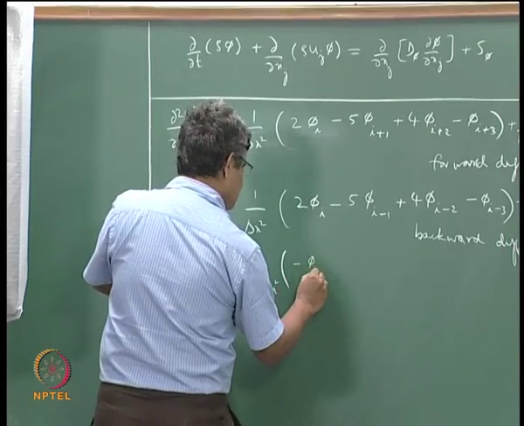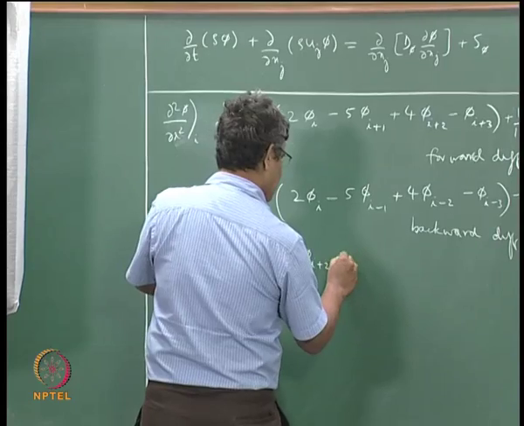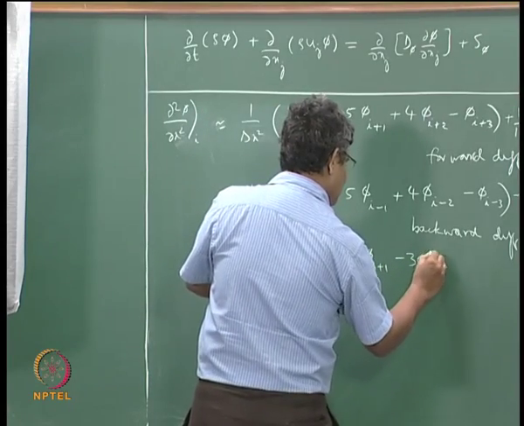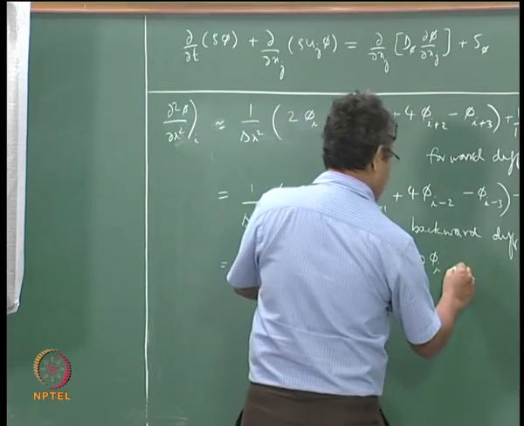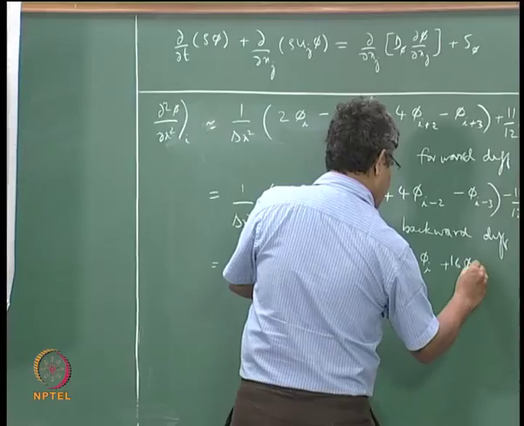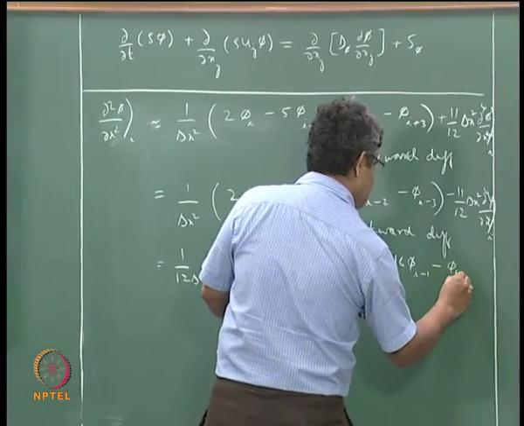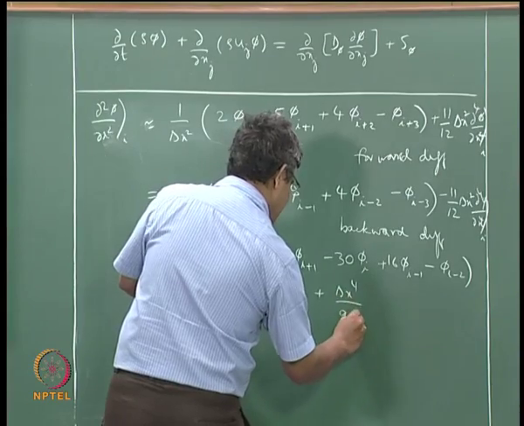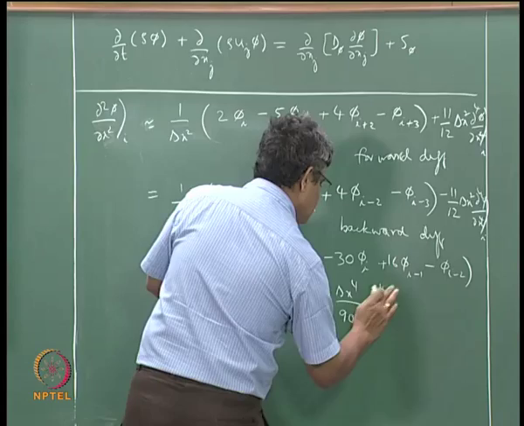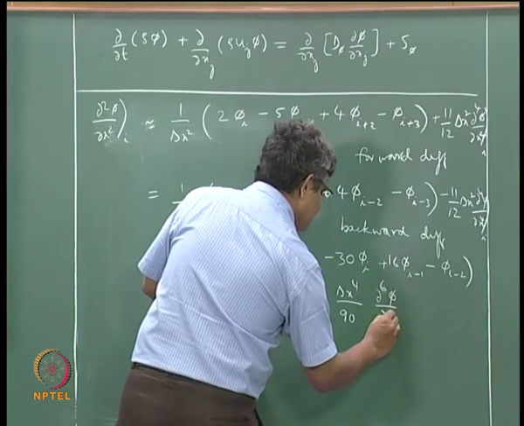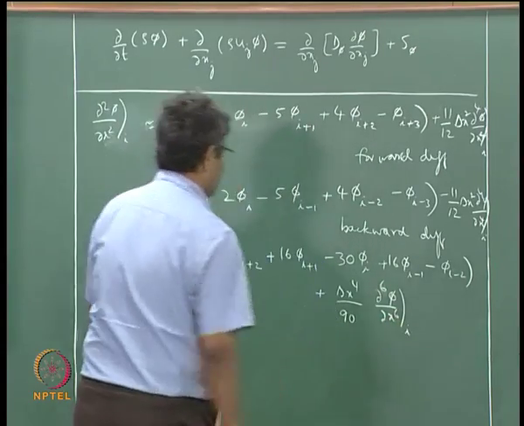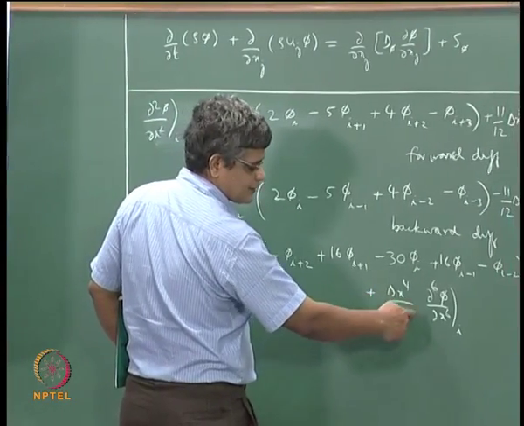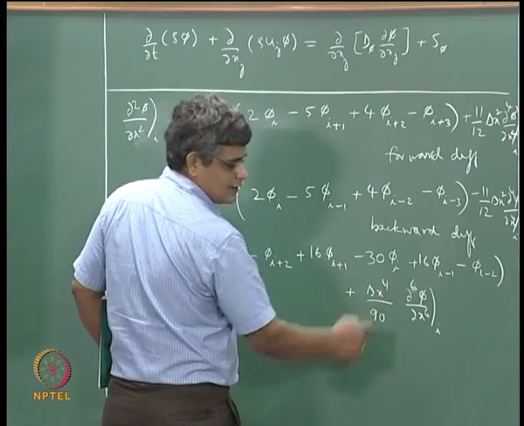We can write it like this: minus phi I plus 2, plus 16 phi I plus 1, minus 30 phi I, plus 16 phi I minus 1, minus phi I minus 2, plus delta x to the power 4 by 90 times the sixth derivative of phi with respect to x evaluated at I. So we can see it is a fourth order approximation because the leading term in the truncated series is multiplied by delta x raised to the power 4.